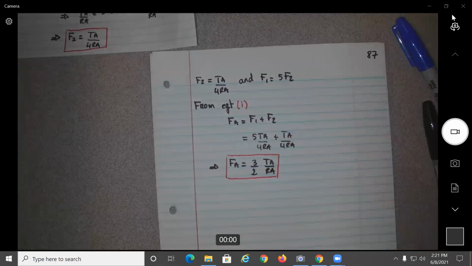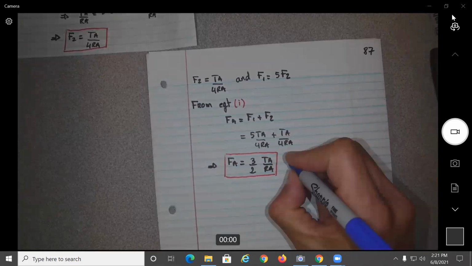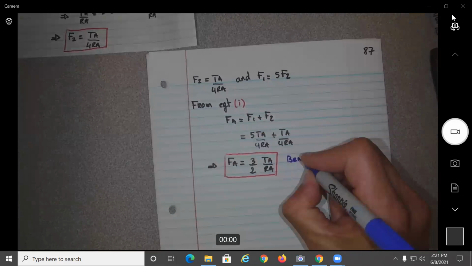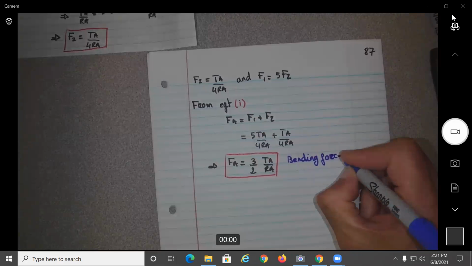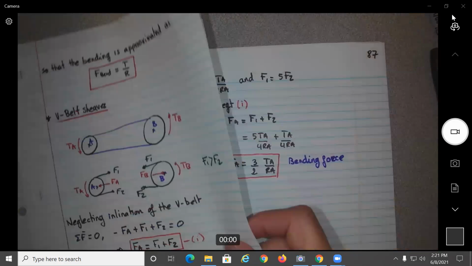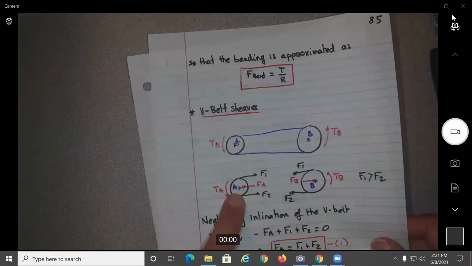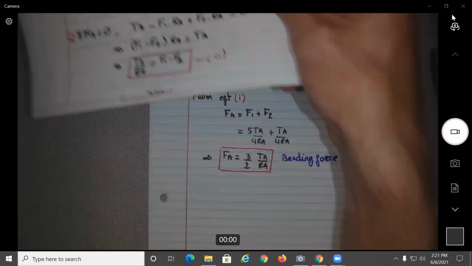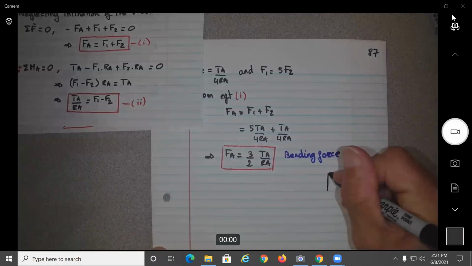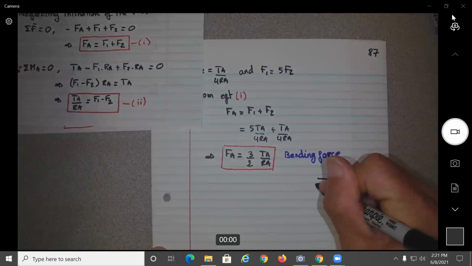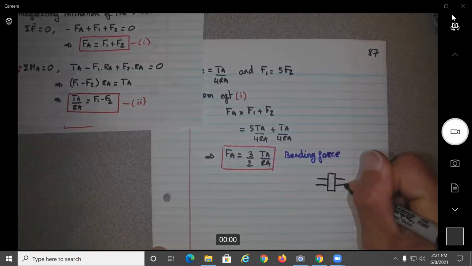So in that case, this will be the bending force. Remember, when I did the figure initially, it's always the same figure. This is point A, but point A is going through a shaft, no? So if you think about it, this is your gear A. This is your shaft.